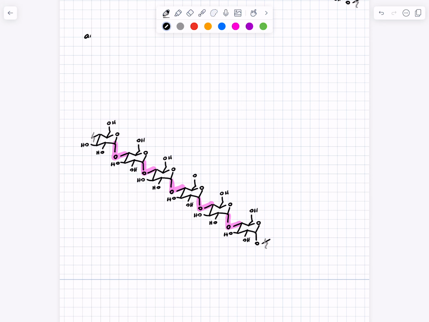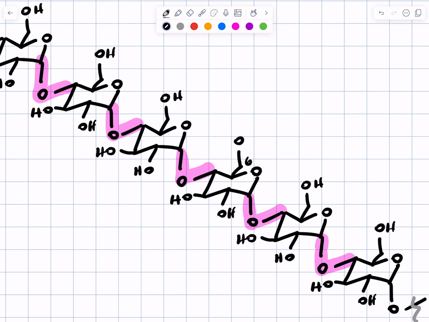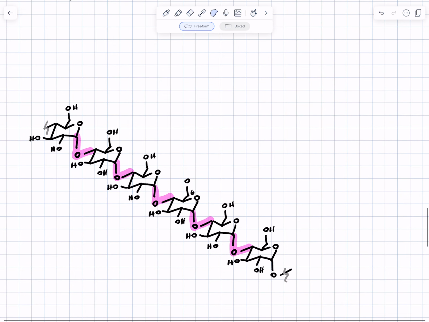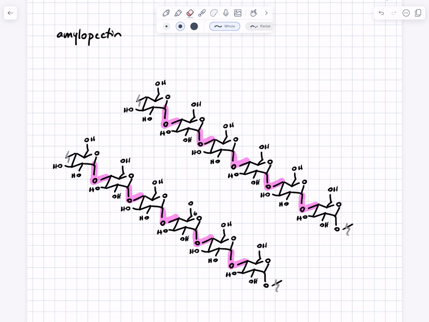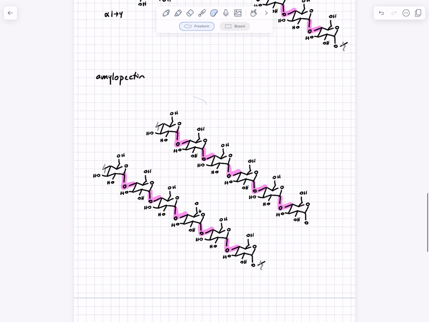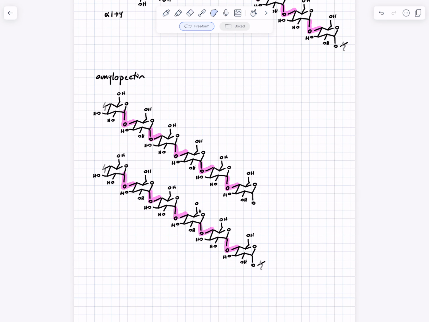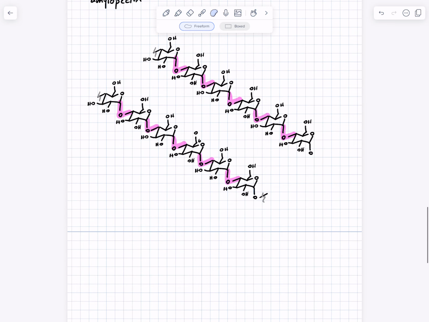So the carbohydrate I'm about to draw is called amylopectin, and it has a linkage between the C6 hydroxyl of glucose and C1 of another amylose chain. So I'm going to try to show this kind of strange.